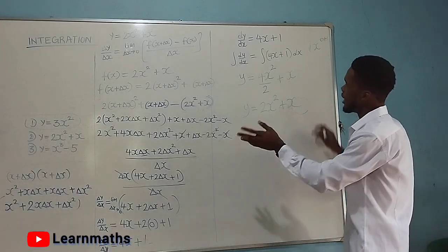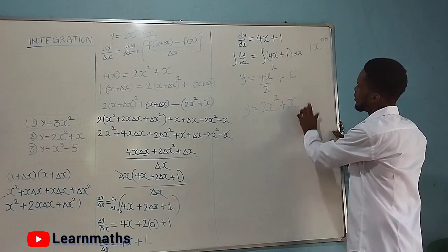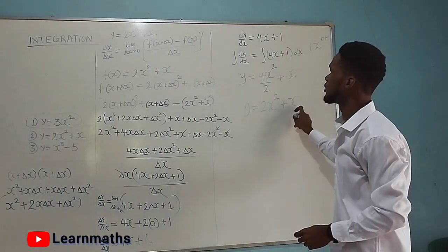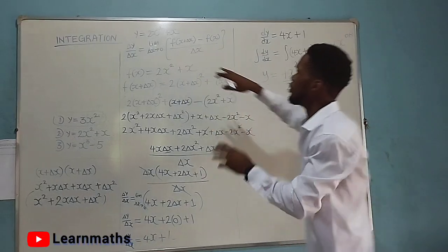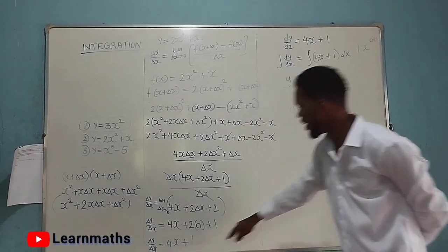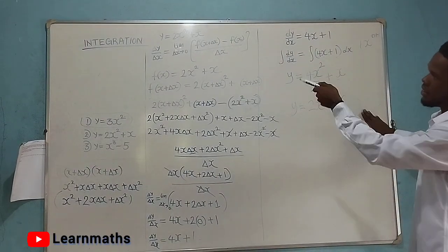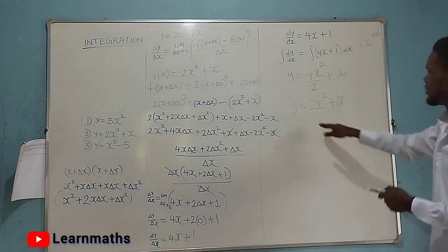If you integrate this function, you're going to get 2x squared plus x. That's actually the original function. We differentiated to get the differential, and we integrate the differential to get the initial function. Hope this is clear.